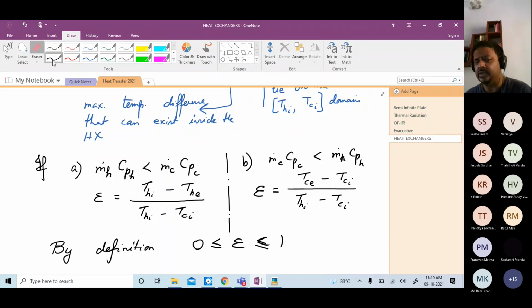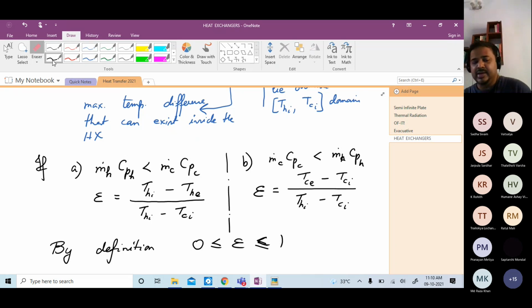But while deriving the expression, we will come up with a term called the NTU, number of transfer units, which will be defined as UA, remember UA delta T, divided by the m dot Cp of the smaller m dot Cp.